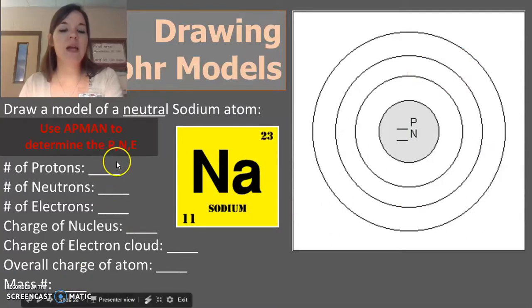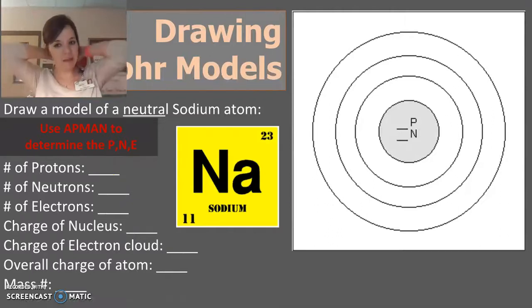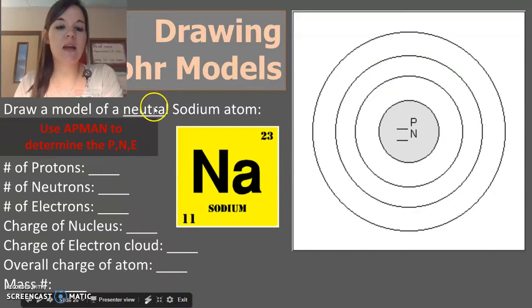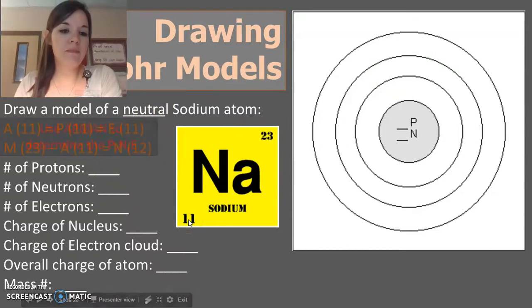Okay, so now let's look at sodium. Same thing, we have APE MAN. Atomic number equals protons equals electrons, because this is again a neutral atom. So protons is equal to 11, because our atomic number down here is 11.